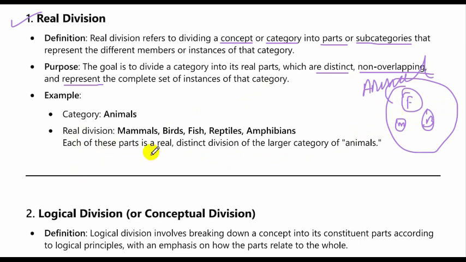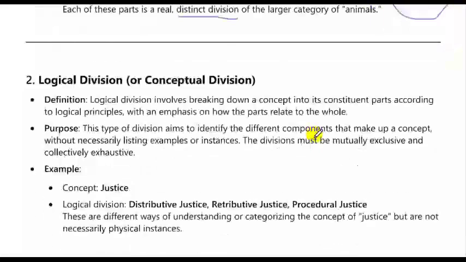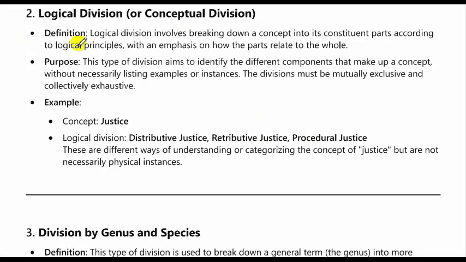Each of these parts is a real, distinct division of the larger category of animals. So real division was quite simple. We have a larger or main category that is subdivided into its different members or instances. Let's look at logical division.